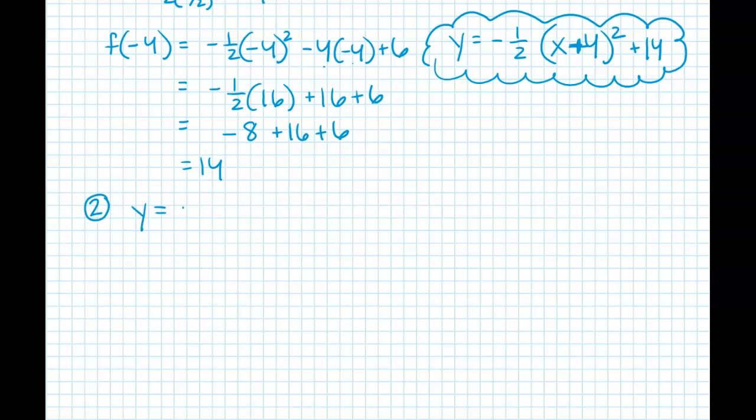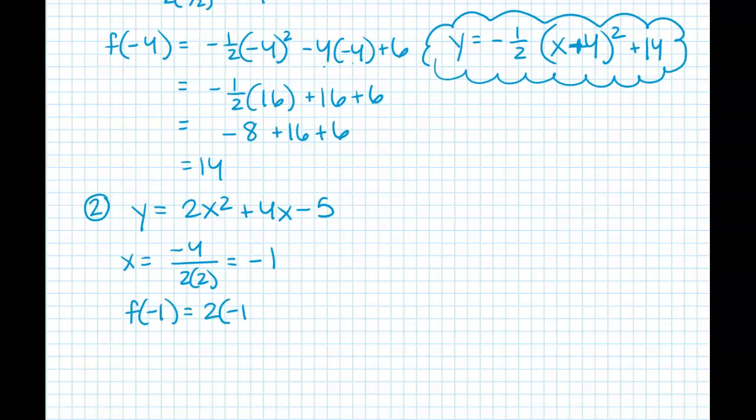Now let's do y equals 2x squared plus 4x minus 5. For the x-coordinate of the vertex, x equals negative b over 2a, so negative 4 over 2 times 2, which is negative 4 over 4, which is negative 1. F of negative 1 is 2 times negative 1 squared plus 4 times negative 1 minus 5. 2 times 1 is 2, minus 4, minus 5, which is negative 2 minus 5, which is negative 7.